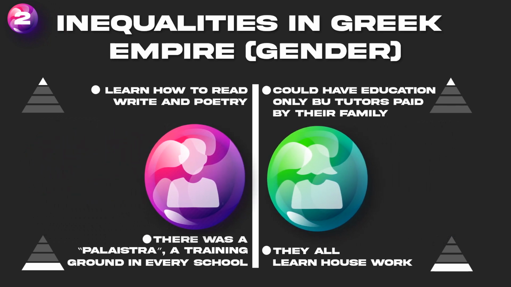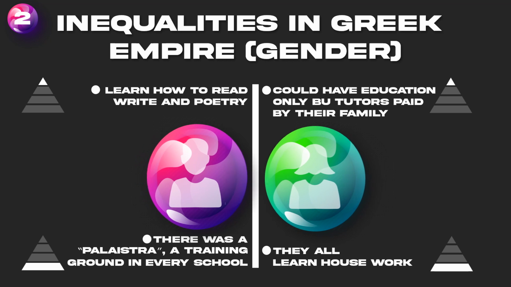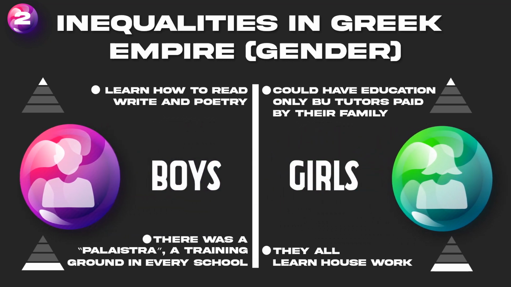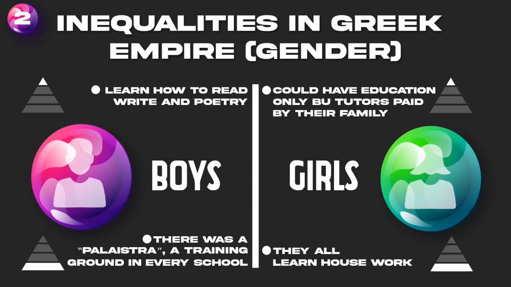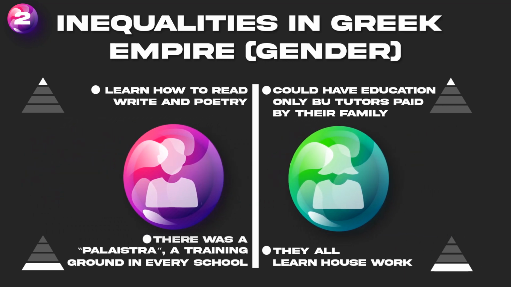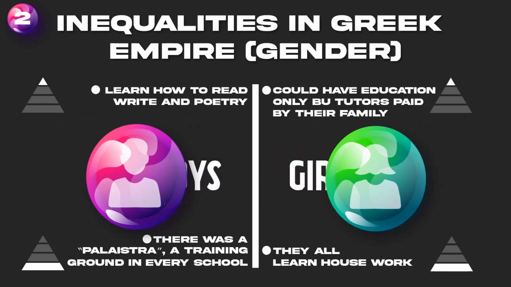Now we will see gender inequalities in ancient Greece. Following the position in the society, the education was quite different according to gender. The males at the top of the pyramid were very well educated and eligible to learn how to read and write.